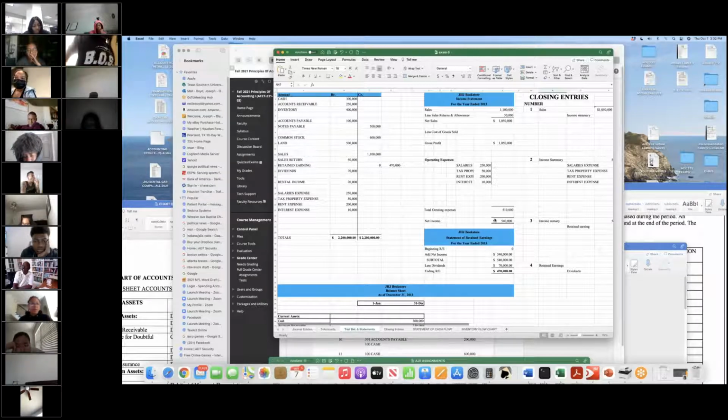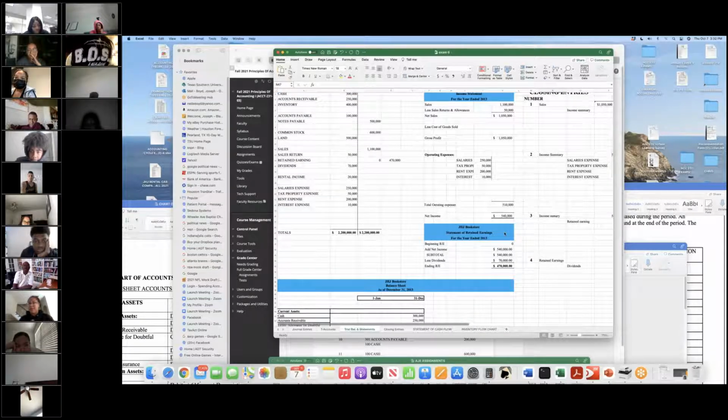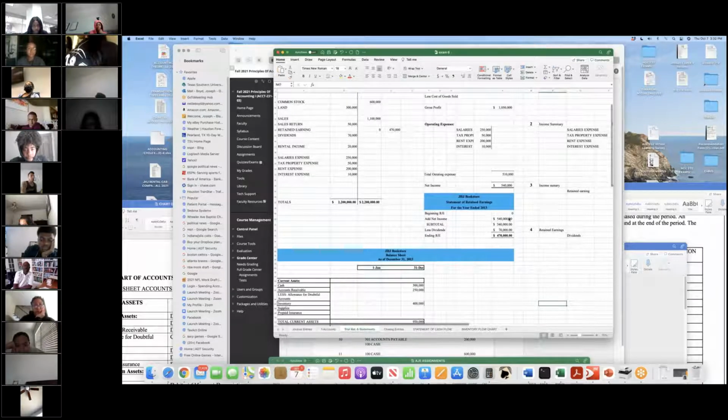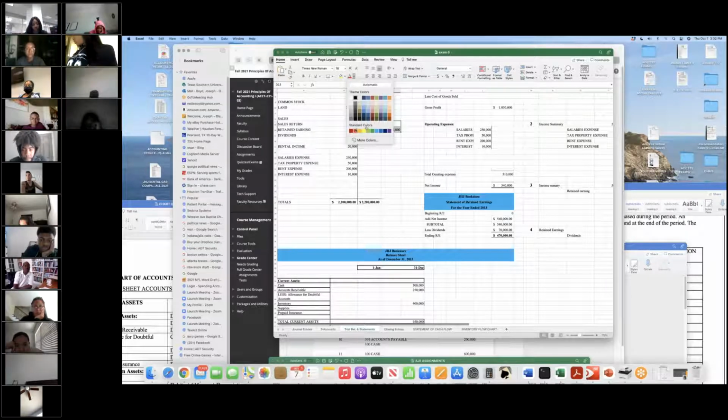Now, once you got the 540, you subtract out the dividends, and so your ending retained earnings is 470.